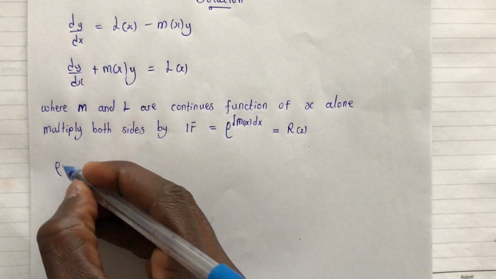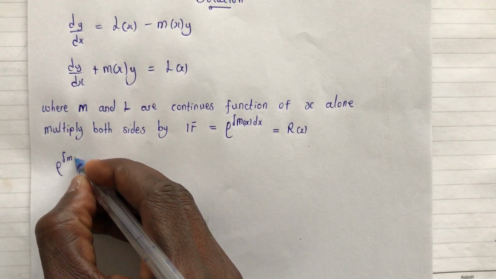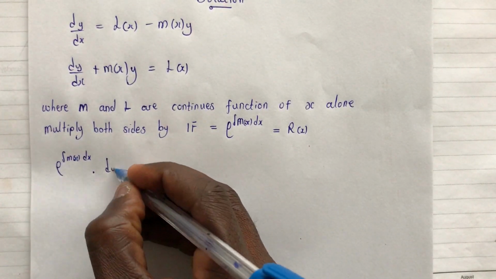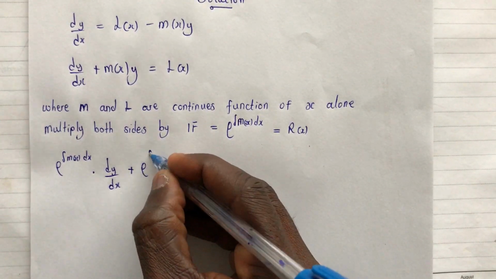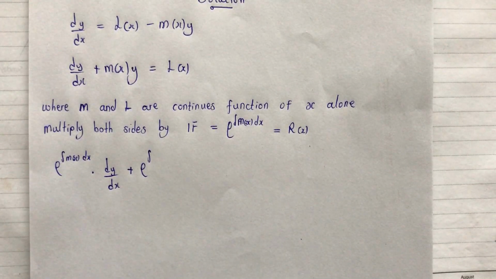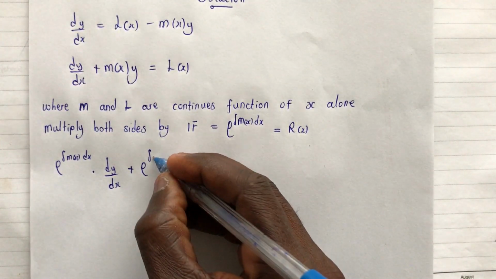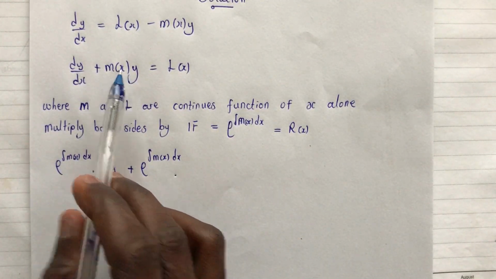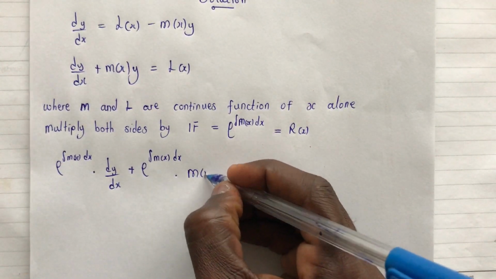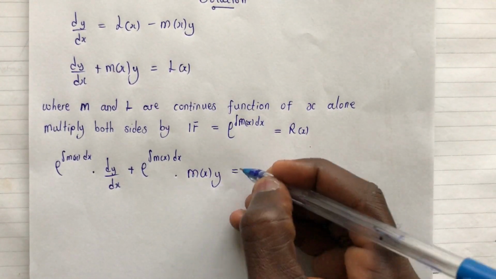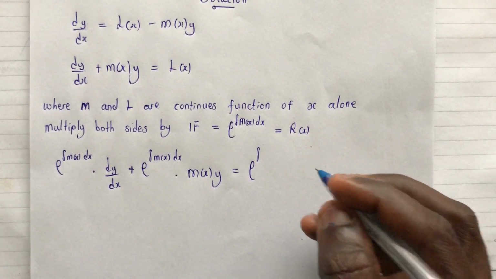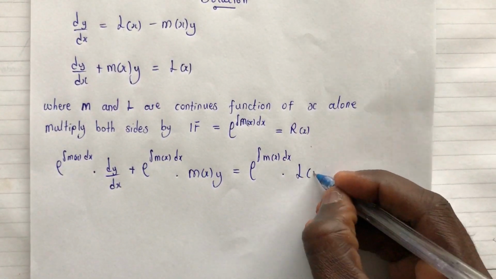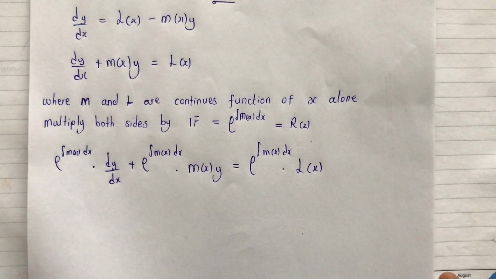We have e to the integral of m of x dx times dy/dx plus e to the integral of m of x dx multiplied by m of x y equal to e to the integral of m of x dx multiplied by L of x.